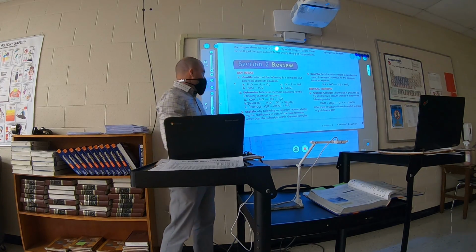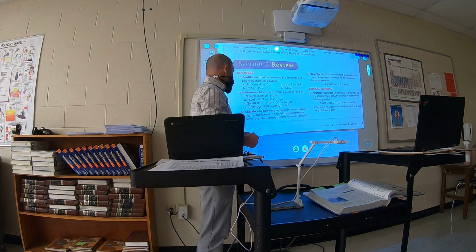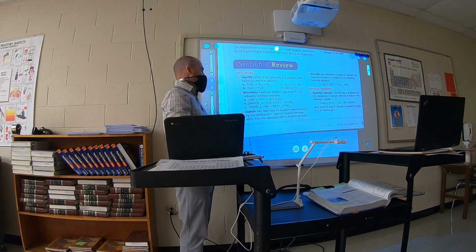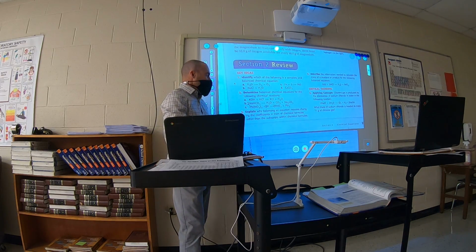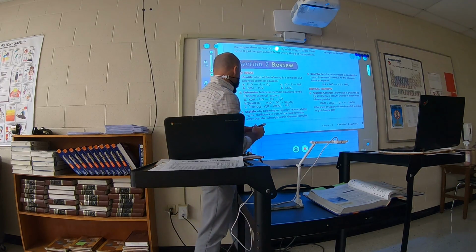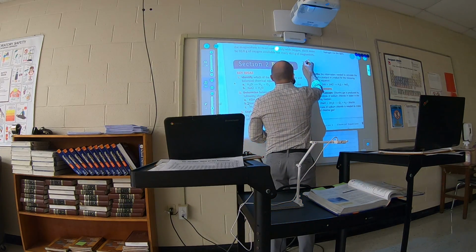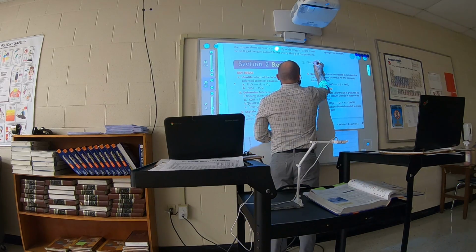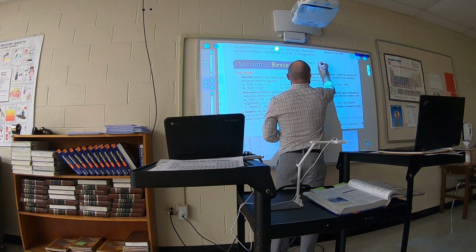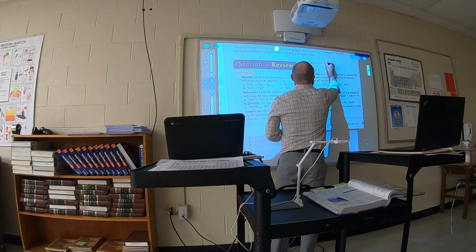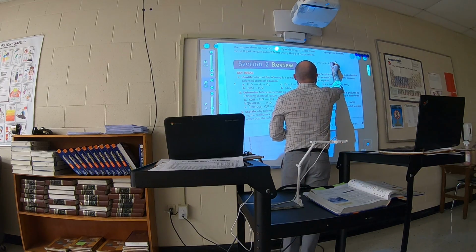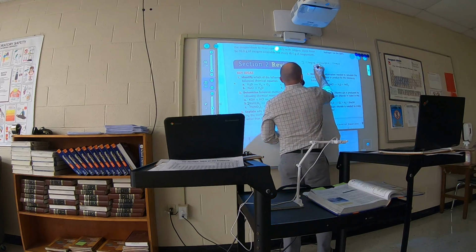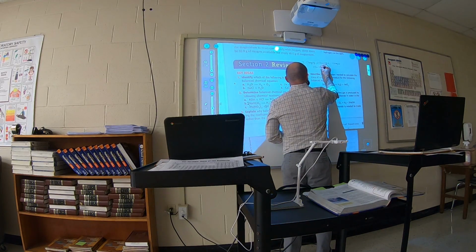On number 3, it says explain why balancing an equation requires changing the coefficients in front of the chemical formulas rather than the subscripts within the chemical formulas. So here's what we're going to say. Changing subscripts changes the substance.